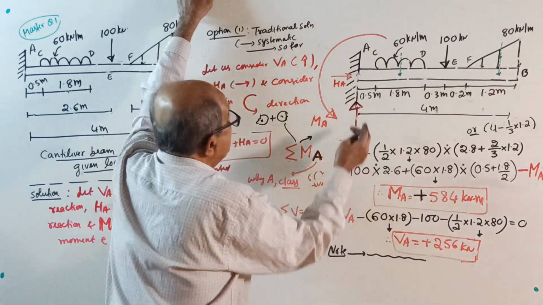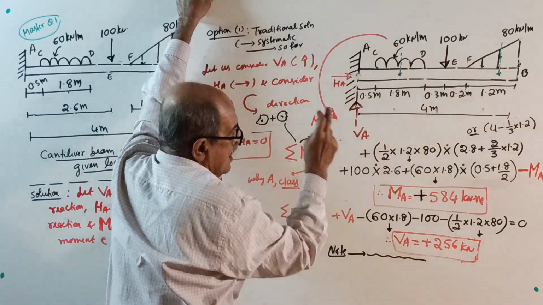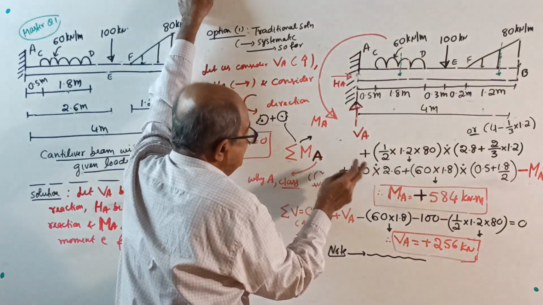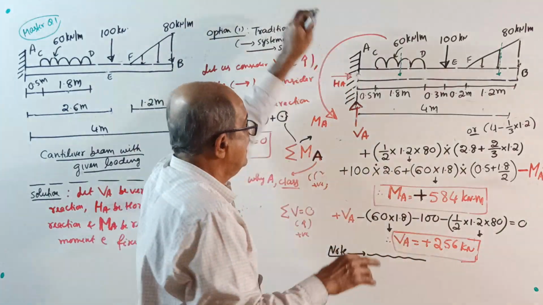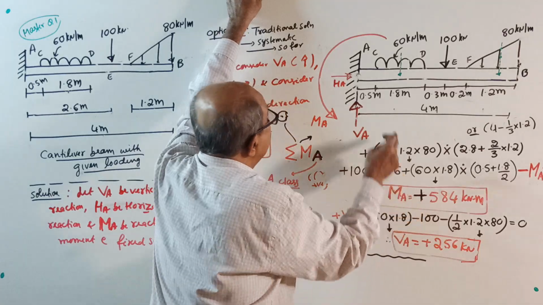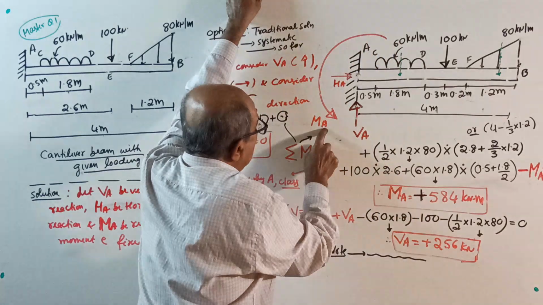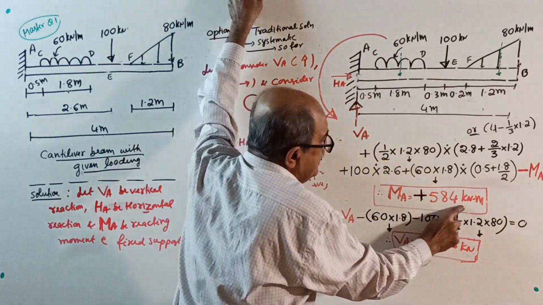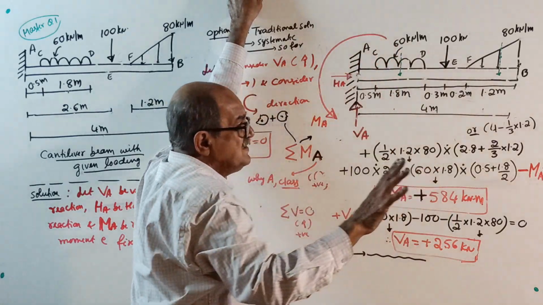And reacting moment MA, we considered anti-clockwise. The answer came plus. Don't see sign convention here. Sign convention has no effect on the answer. Positive indicates that the direction you considered is correct. Therefore, your MA is 584 kilonewton meter in the same direction as considered.